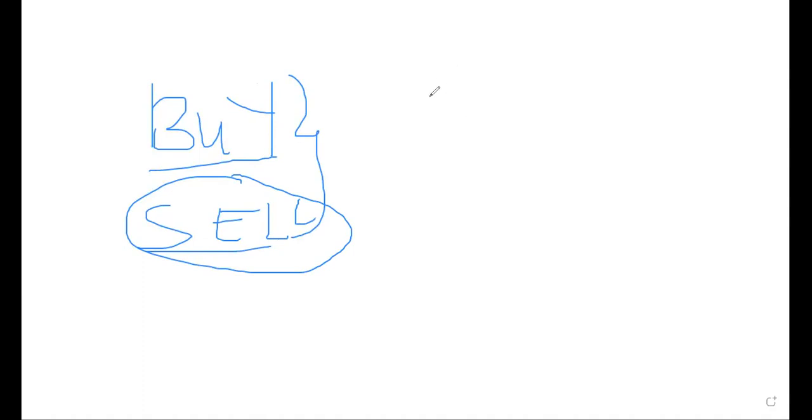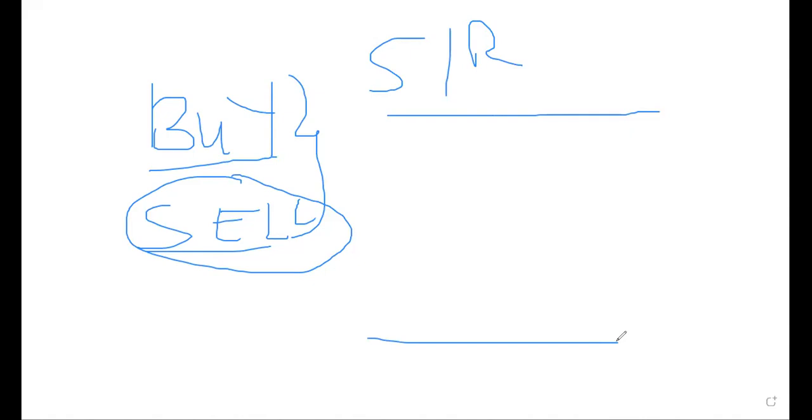So where am I coming from? Buy, sell, okay? Support and resistance. Now, this is a scenario of what happens in the market. We put this top side and we put the bottom side and we'll give it a name.